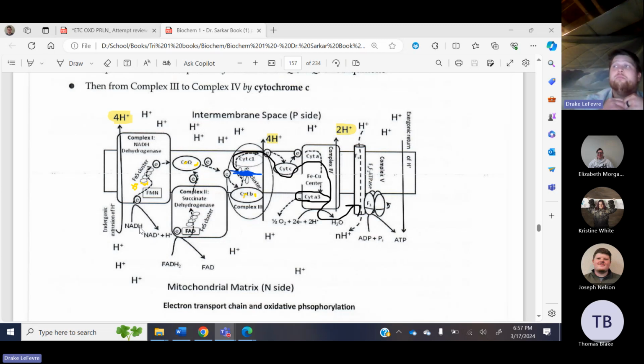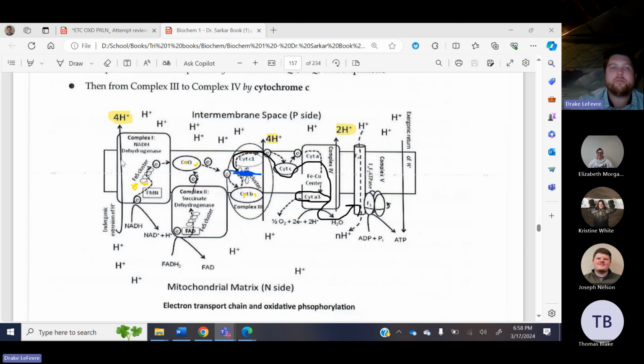Not just the hydrogen, but mainly the electron is what we're trying to transport. So we built all of our NADH from our citric acid cycle. And now at this point, we want to use those high energy electrons to pump the hydrogens across and to create a gradient.